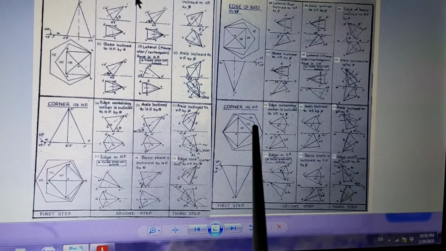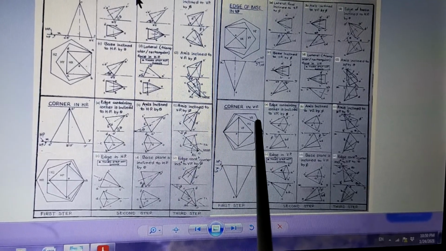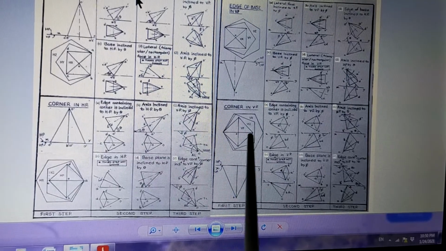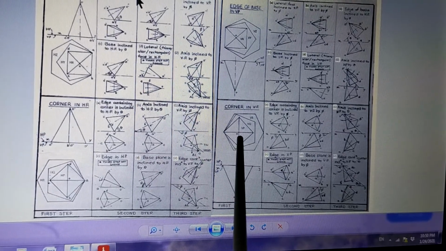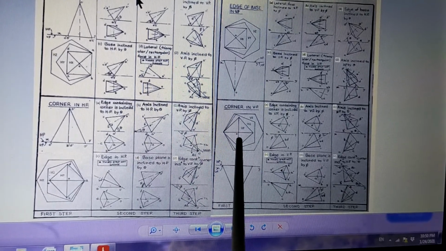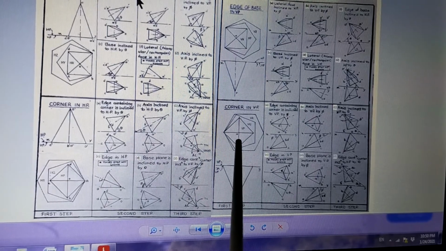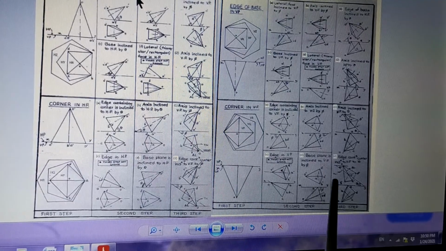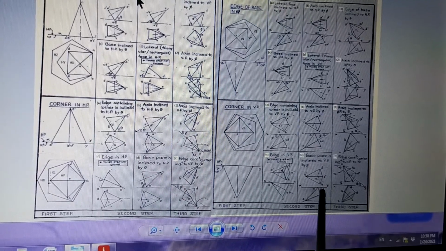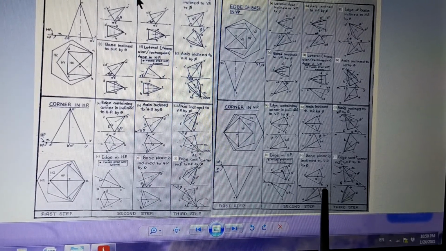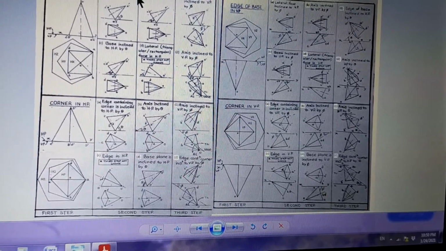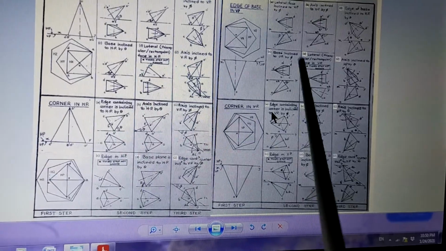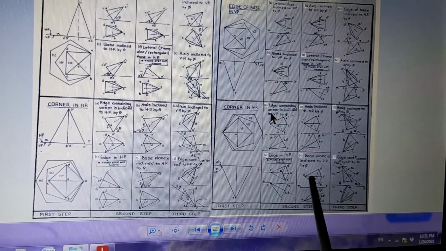This is your starting position, front view and top view, and it is inclined to VP such that the base is making 30 degrees with VP. Out of all the so many figures and combinations, we have come down to this combination.